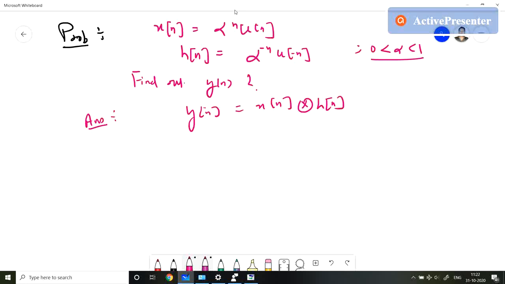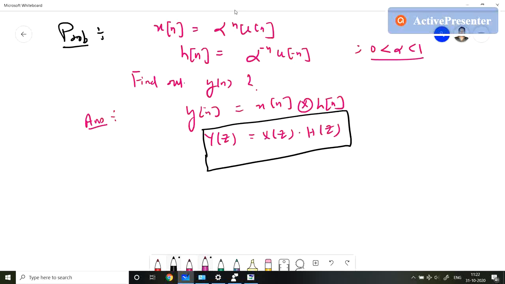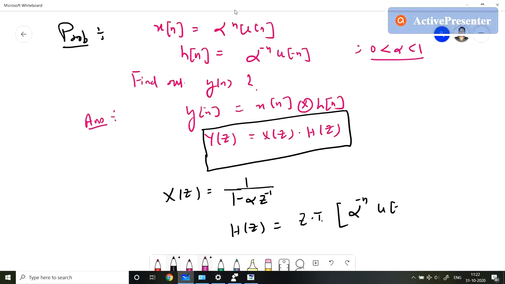Taking the z transform on both sides, we get Y(z) equals X(z) into H(z). Now what is X(z)? X(z) equals 1 divided by 1 minus alpha z inverse, with ROC modulus of z greater than modulus of alpha. And H(z) is the z transform of alpha raised to the power minus n u(minus n).